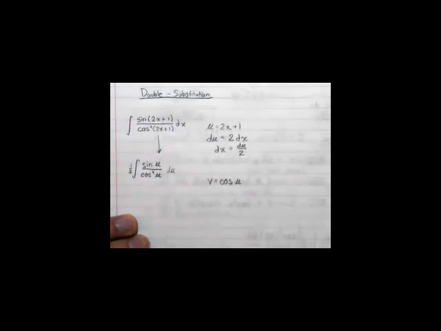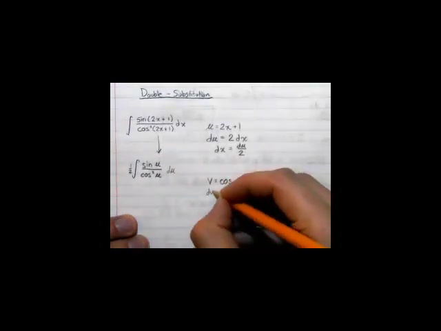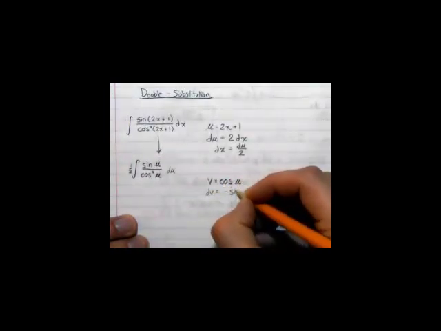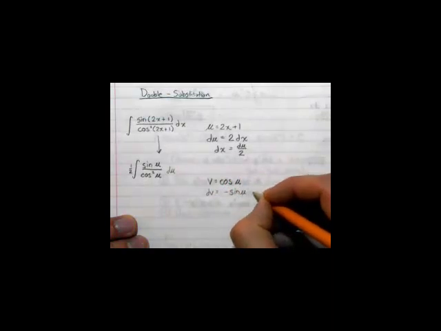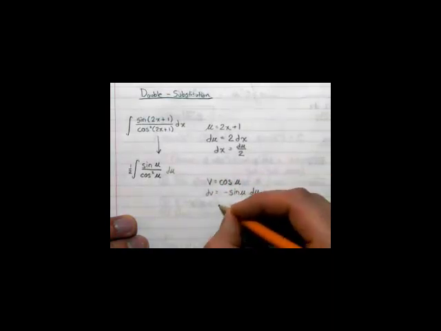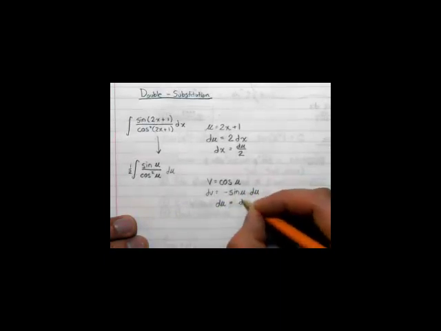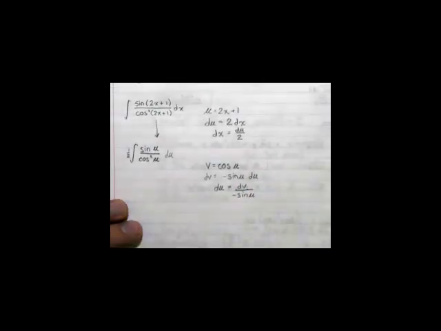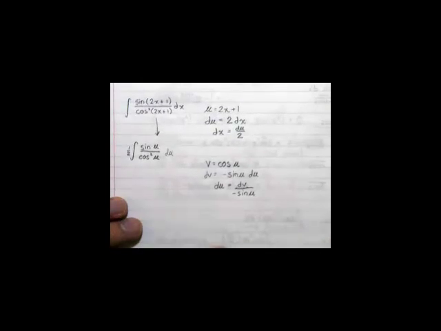All right, so v equals cosine u, dv is negative sine u du. So the du is dv over the negative sine of u. Put all that in there then, okay?